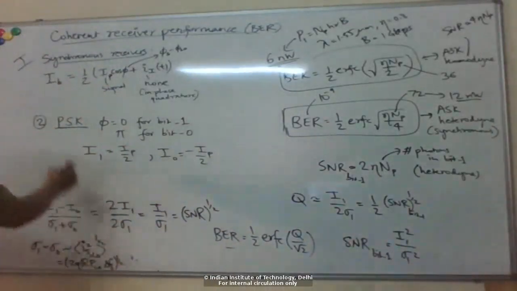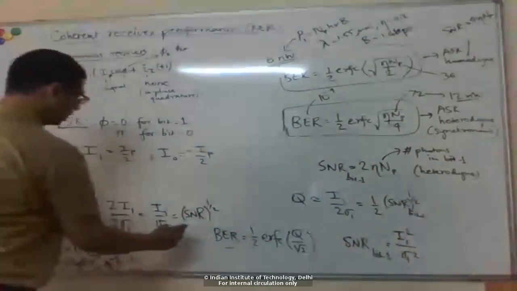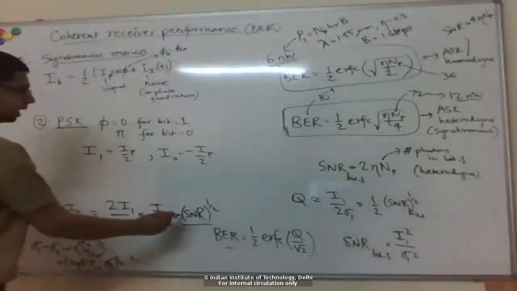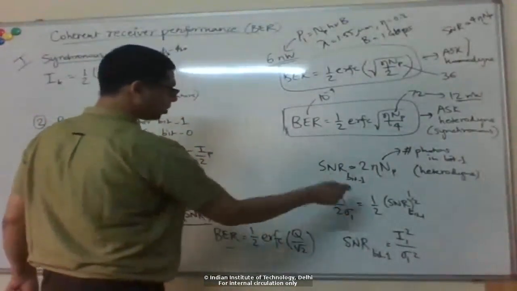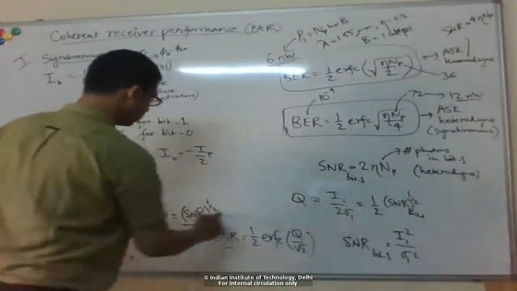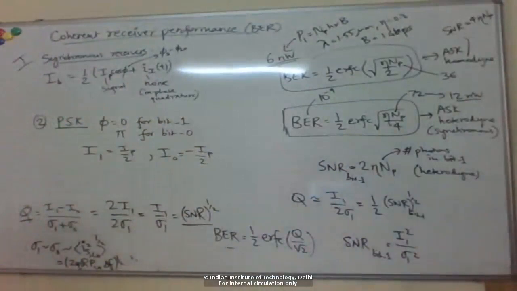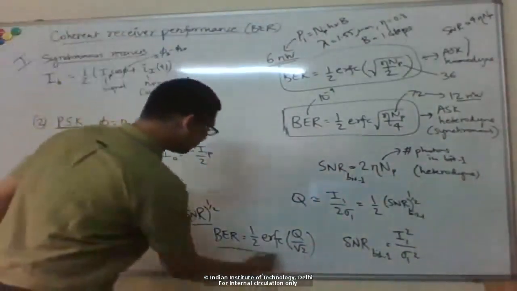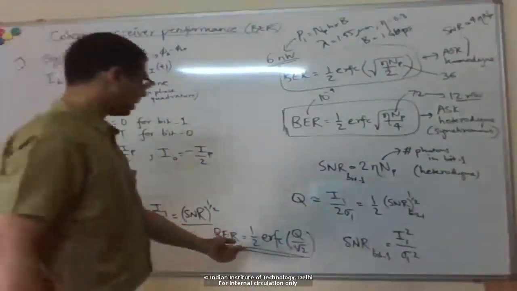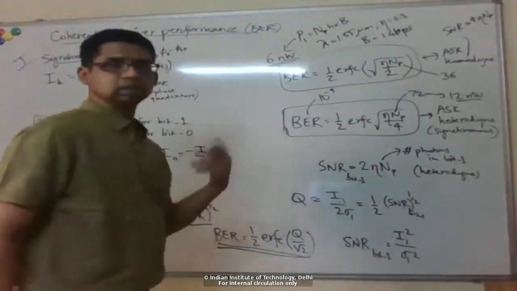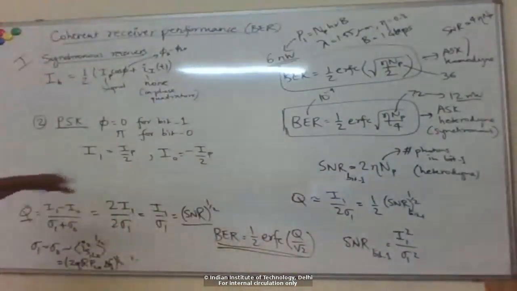Okay, so you can see that for PSK, the Q factor is twice what you get for ASK for the same SNR. That would mean that from this expression for the BER, for the same SNR, I will have a lower BER for PSK as compared to ASK.